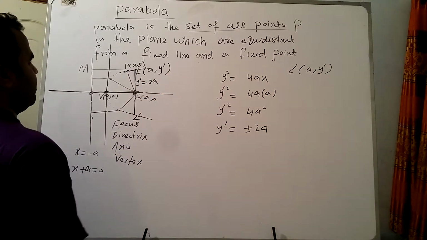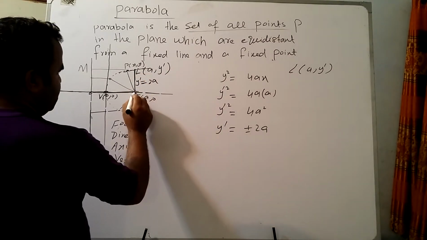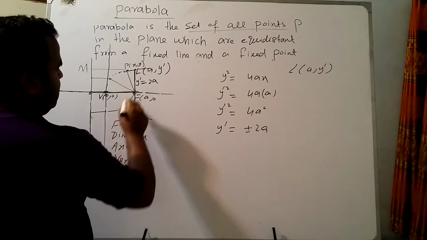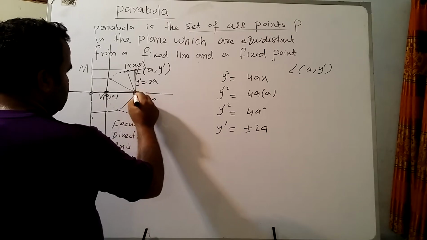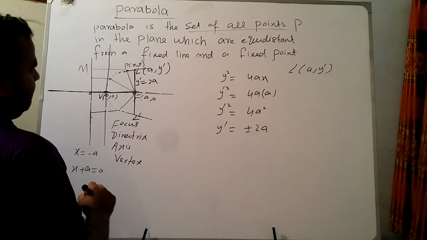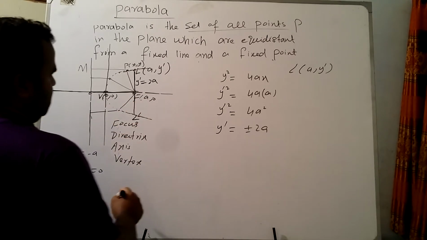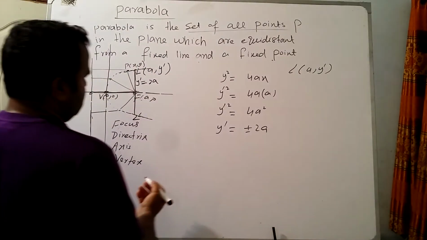The distance from F to L is 2a, of course this distance is also 2a, and the total L L dash is 4a.